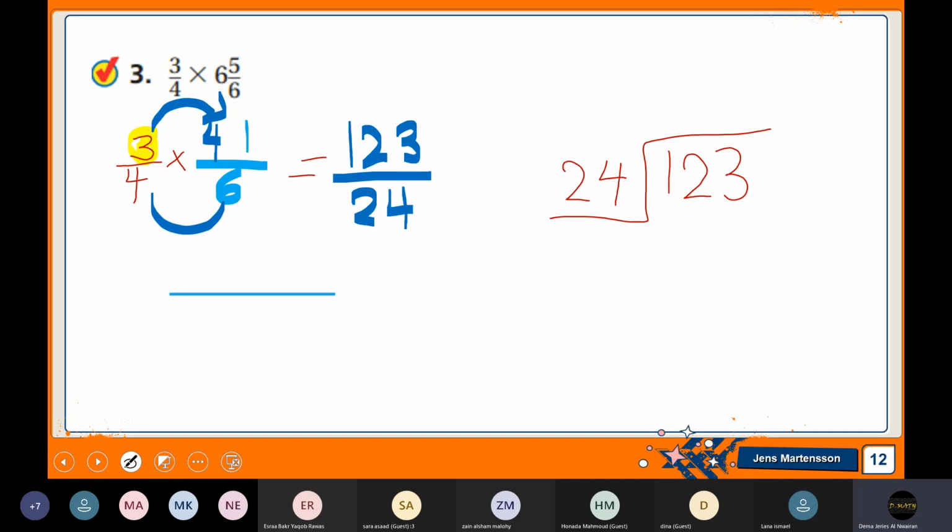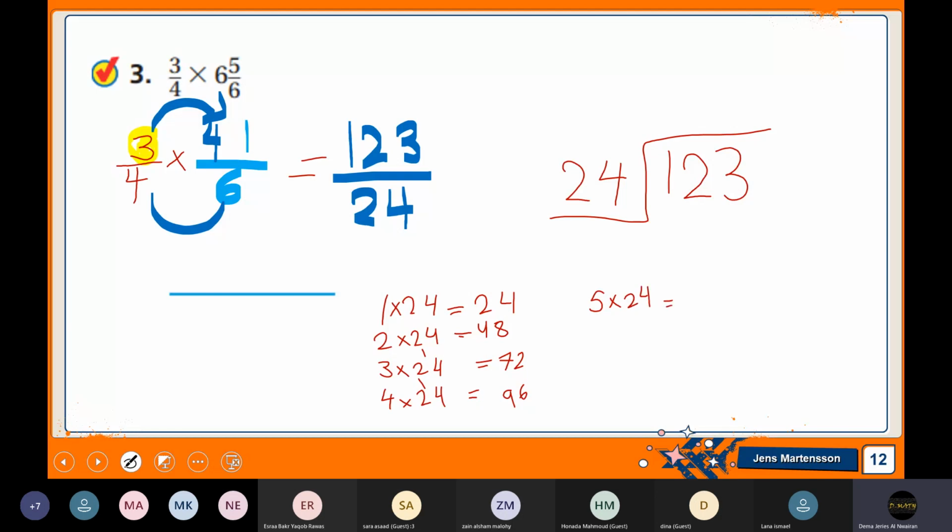How many 24s in 123? Let's see here. 1 times 24 is 24. 2 times 24 is 48. 3 times 24 is 72. 4 times 24 is 96. 5 times 24 is 120. 6 times 24 is 144.